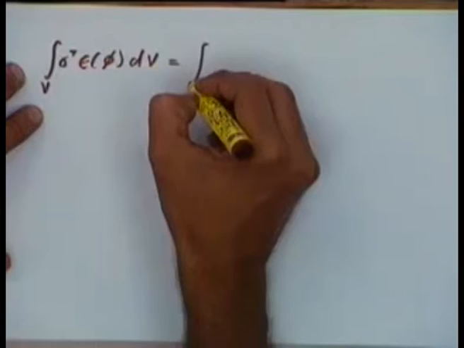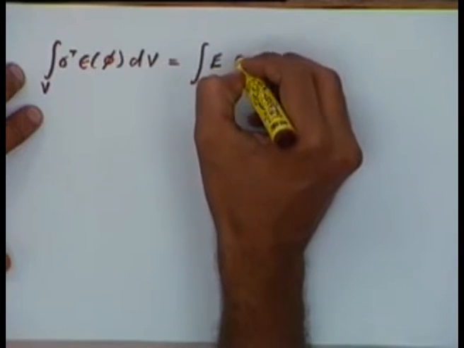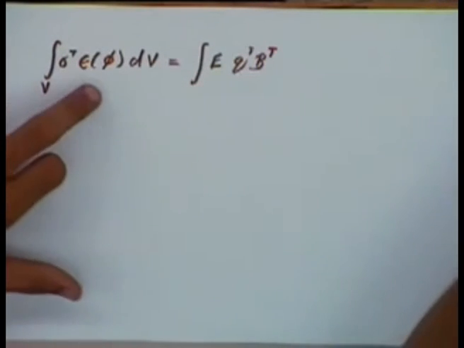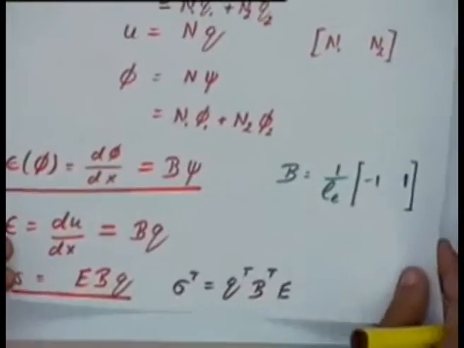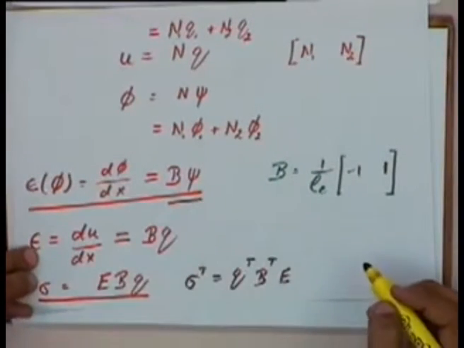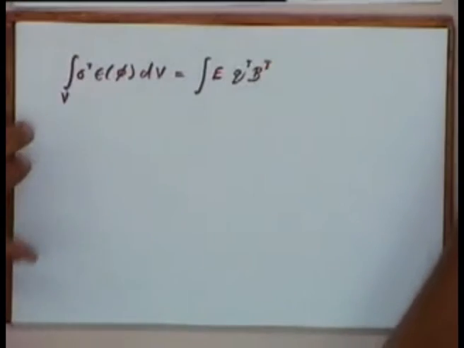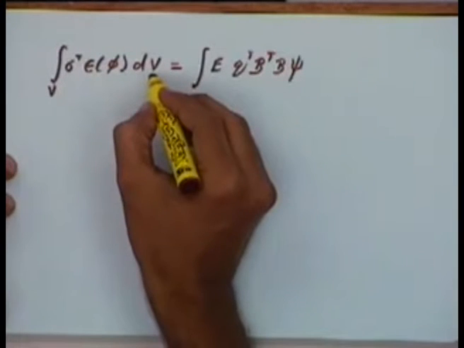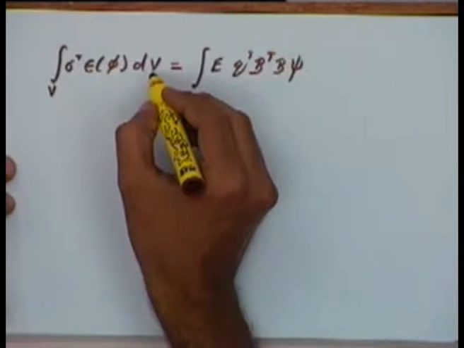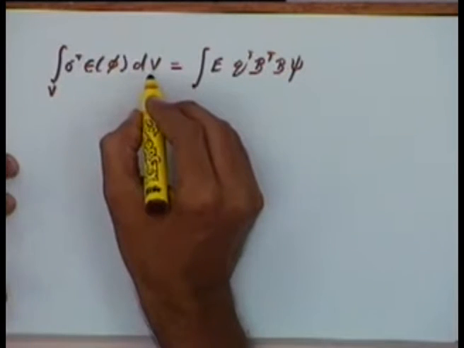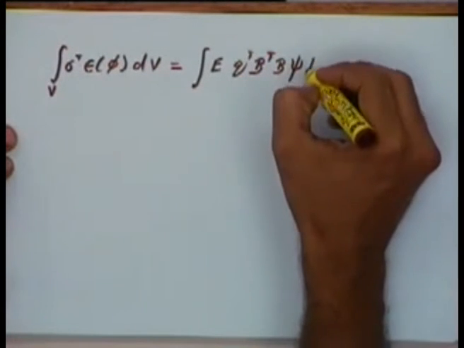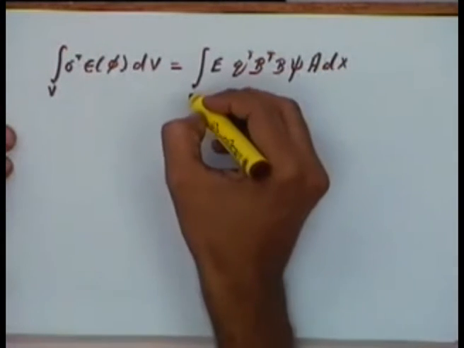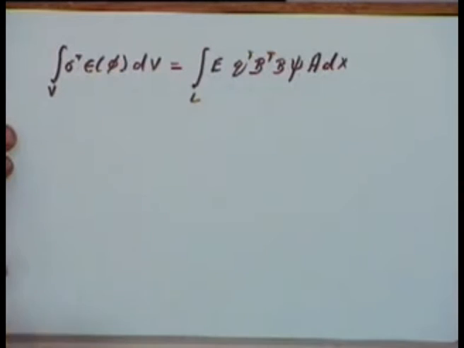So this will be equal to the integral of E Q transpose B transpose multiplied by epsilon of phi. Epsilon of phi is B times psi, so I'll put that over here, B times psi dV, which is a differential volume element, that will be equal to area times dx. So it will be area of the element multiplied by dx. And now this integral will be integral over the length of the element.